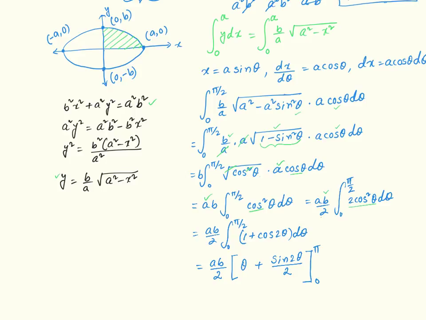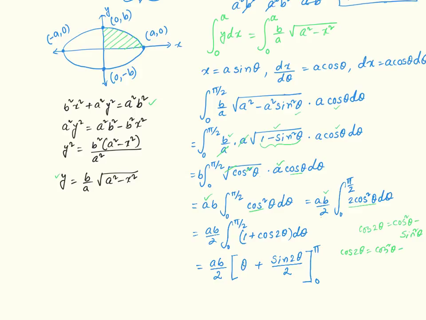2 cosine squared of theta is 1 plus cosine of 2 theta. You probably remember that cosine of 2 theta is equal to cosine squared of theta minus sine squared of theta. From this one I can derive this. How? Let me quickly show you. Cosine of 2 theta is equal to cosine squared of theta minus sine squared theta, and sine squared theta is 1 minus cosine squared of theta.